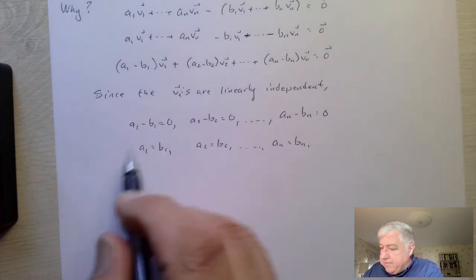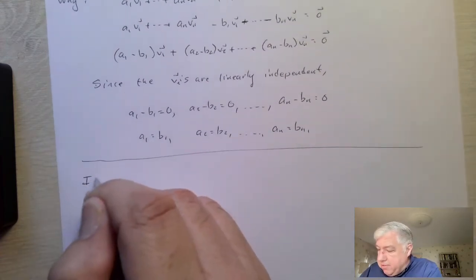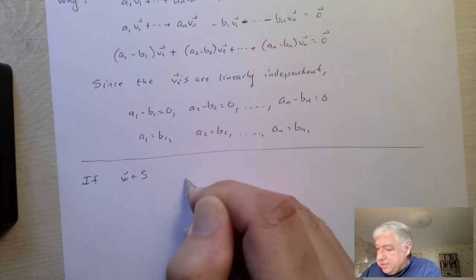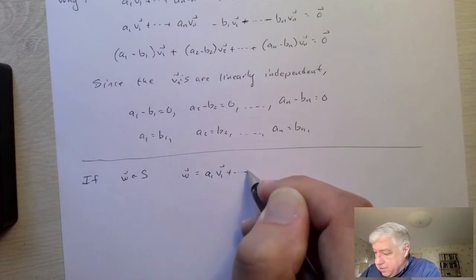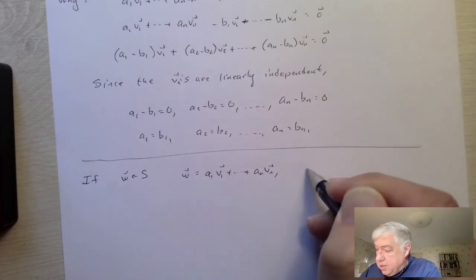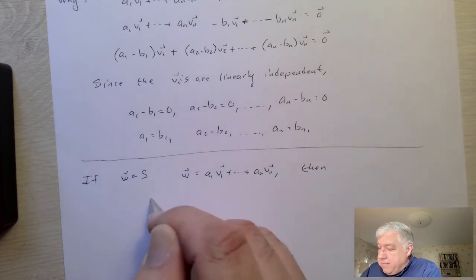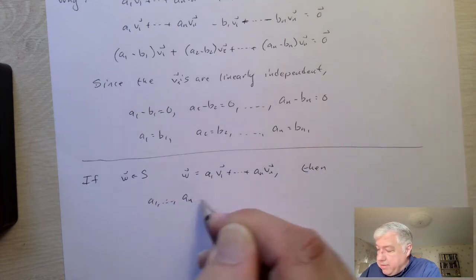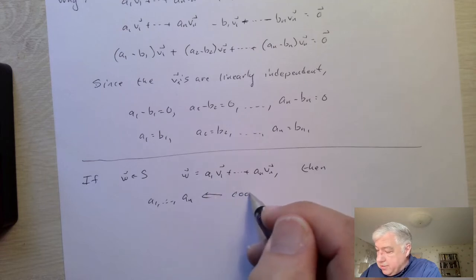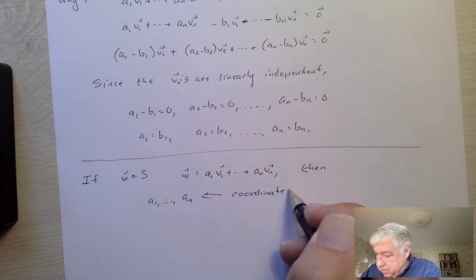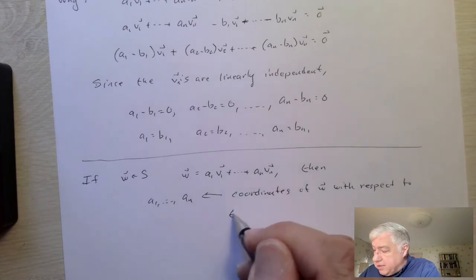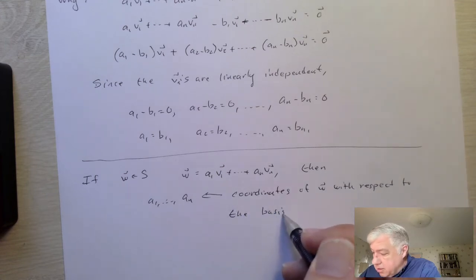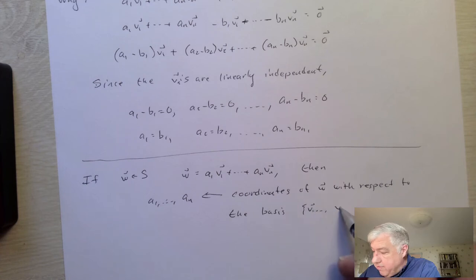And so if W is in S and W is represented by this linear combination, then A1 through An are called the coordinates of W with respect to the basis V1 through Vn.